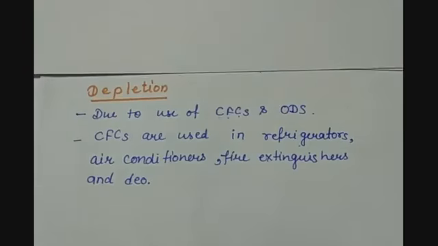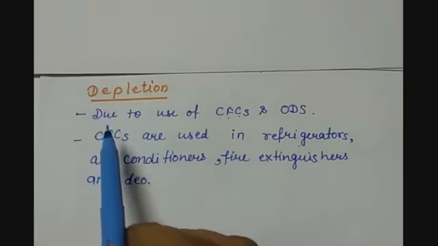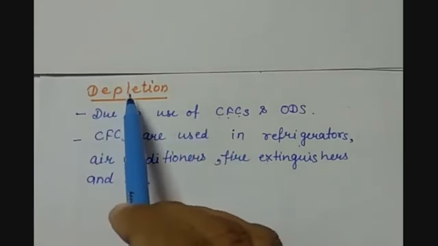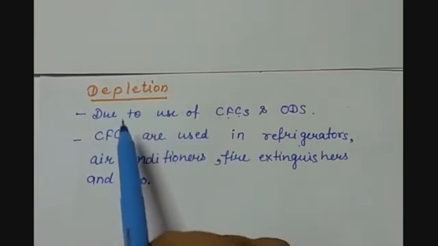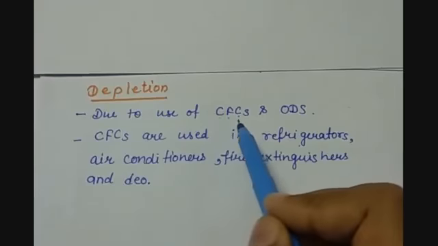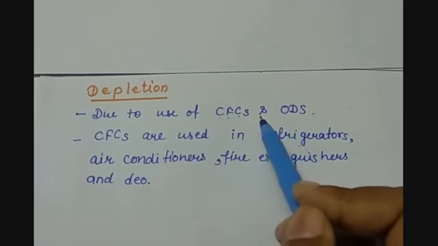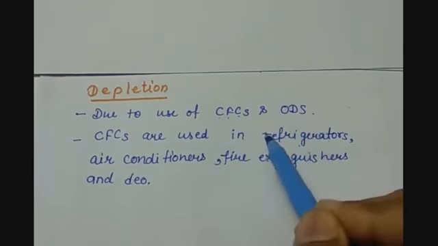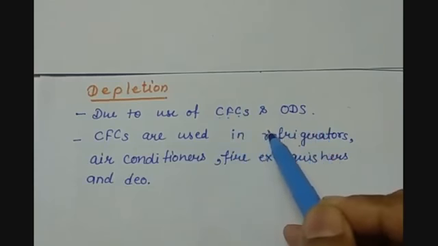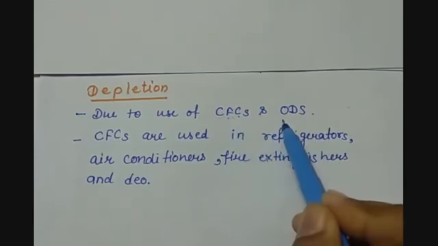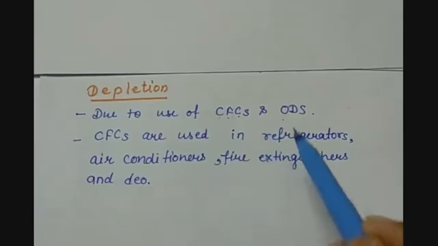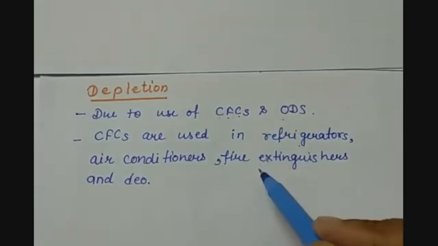So what can we do as humans to reduce the depletion that is occurring in the ozone layer? We can stop using the articles or the products which are using CFCs and ODS. Nowadays, in most of the countries, these kinds of products are banned. But still, by avoiding using these kinds of chemicals, we can at least extend the timings of the existence of life.